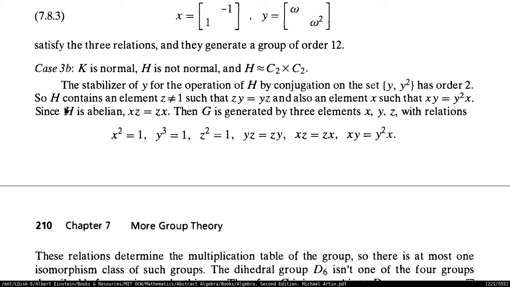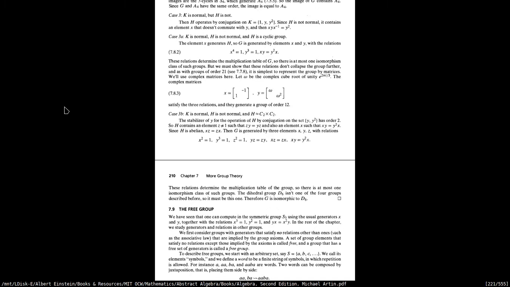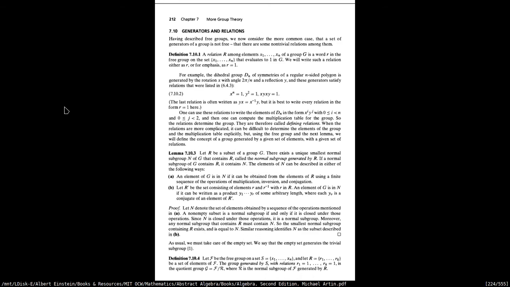So in the old book, the way that he argues that these relations actually do define a group is by referring forward several sections to the Todd-Coxeter algorithm, which is like 6 pages that I don't want to read right now.